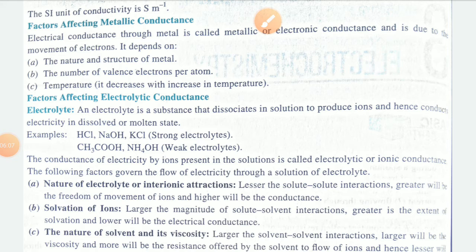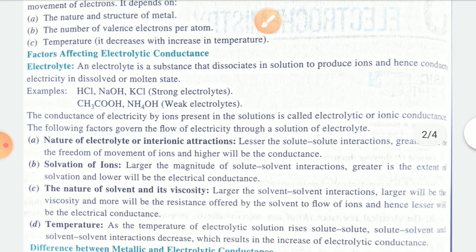For example, hydrochloric acid, sodium hydroxide, potassium chloride. These are strong electrolytes. Similarly, ethanoic acid and ammonium hydroxide are weak electrolytes. The conductance of electricity by ions present in the solution is called electrolytic or ionic conductance.